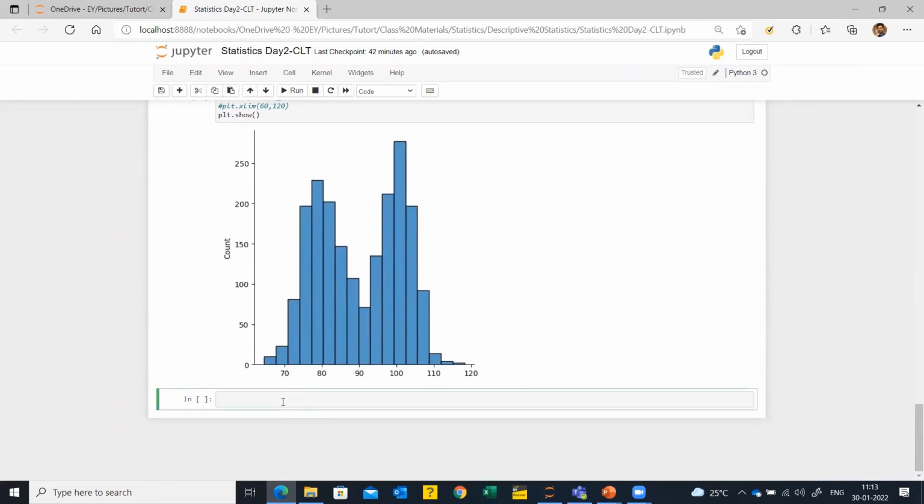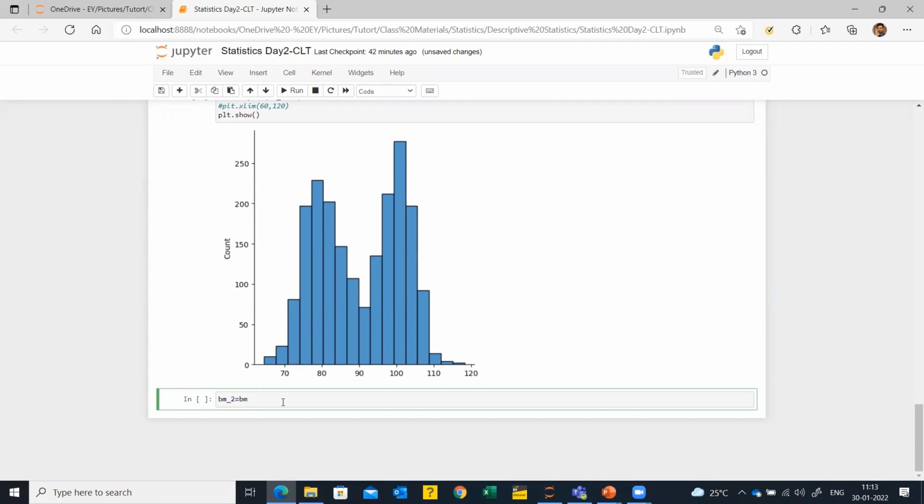So what we'll do, first we'll try to find out the mean from the random data. So let's create a variable which basically stores all the means for 2000 data points. So let's start with bimodal2. You can name whatever variable you want.